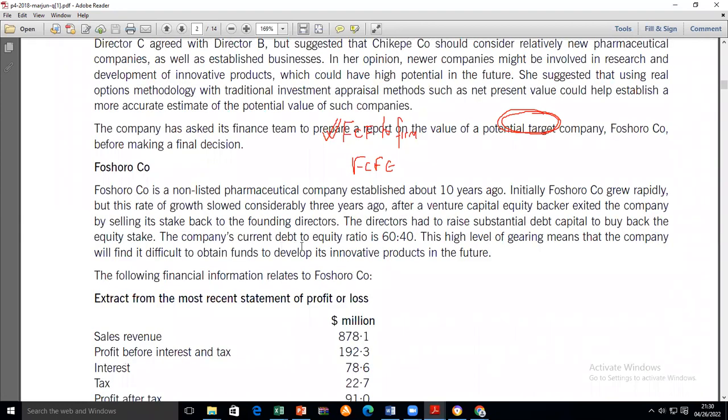The company's current debt to equity of F is company F, this one. Here. This company debt is 60. Equity is 40. So it's 40% equity.